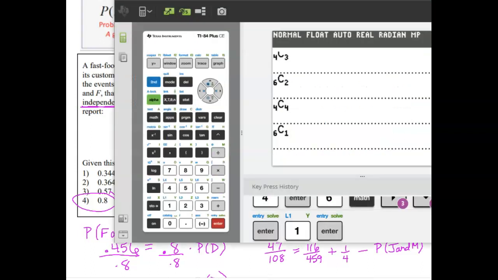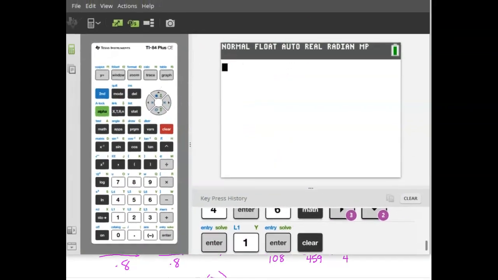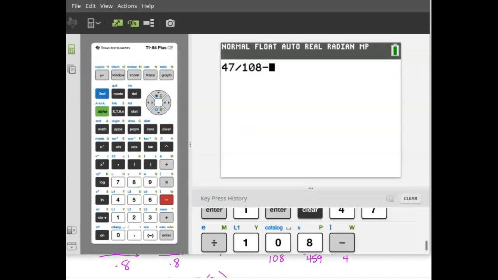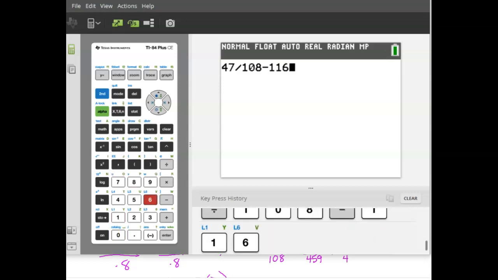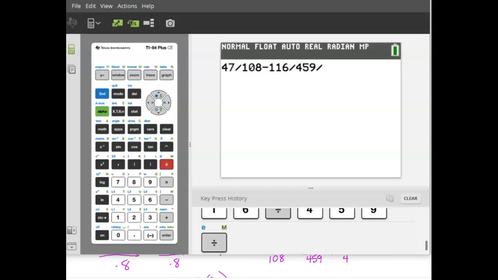So let's get my calculator. We'll clear that out. So I want to do 47 divided by 108, and you can type this into just a window on your computer, minus 116 divided by 459, and then minus that 1/4. Oops. Minus 1/4.